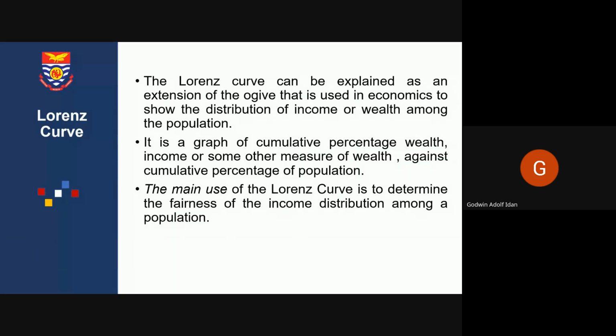For example, if you have 3 communities, let's say we have the central region, the western region, and then the eastern region. And out of these 3 regions, let's assume the population of central is 10,000, the population of western is 13,000, and the population of eastern is 16,000.